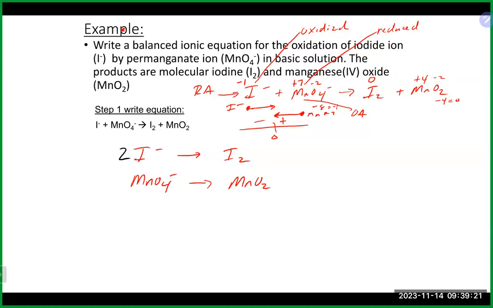Now we can go to oxygen by adding water. The top one has no oxygen, so it does not need water. Bottom one, we have 4 oxygens on the left, 2 on the right. That means on the right-hand side, we will need 2 waters to balance out the oxygens. That also means on the left-hand side, we need 4 H pluses. Any questions on that there?